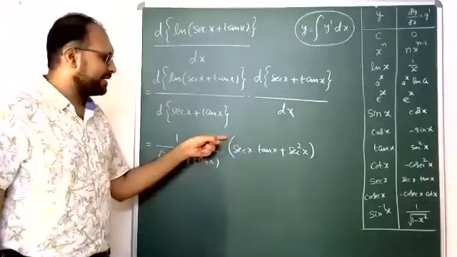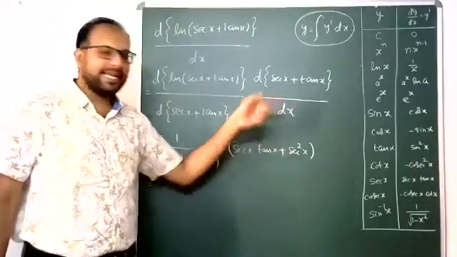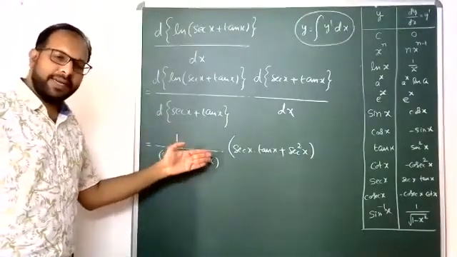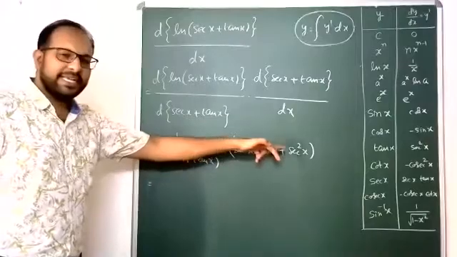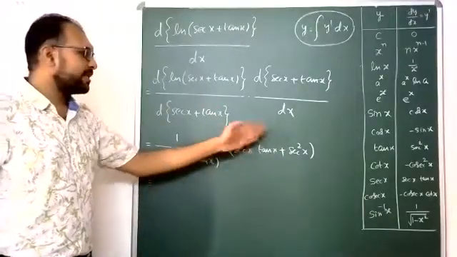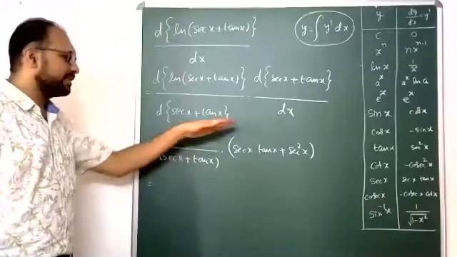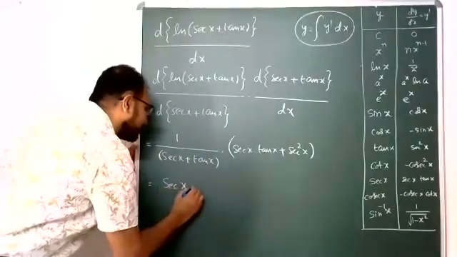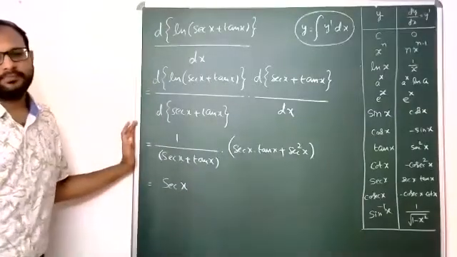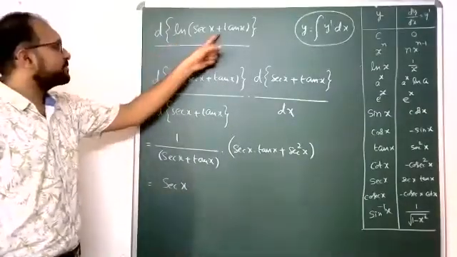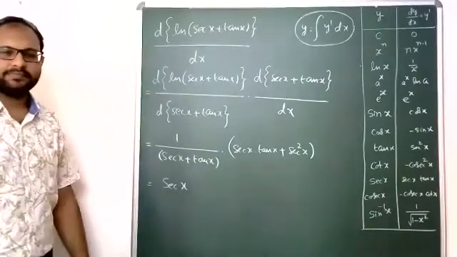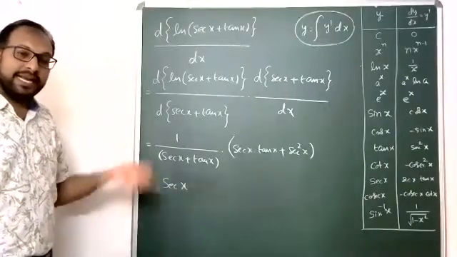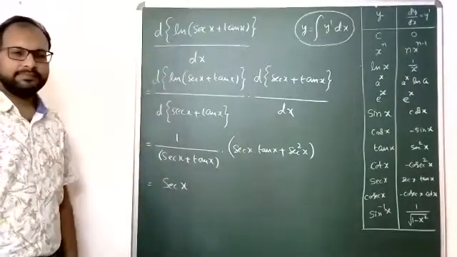Secant x, if I take common, tan x plus secant x. But tan x plus secant x cancels out. So students, finally the answer secant x you will get, right? So the derivative of this function is secant x.